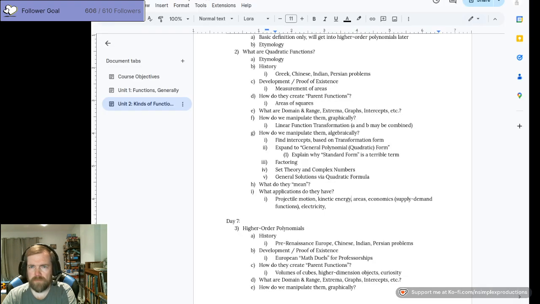Okay, so go back to the pre-calc curriculum. So the other things that we want to look at, right? We got the general solutions via the quadratic formula.